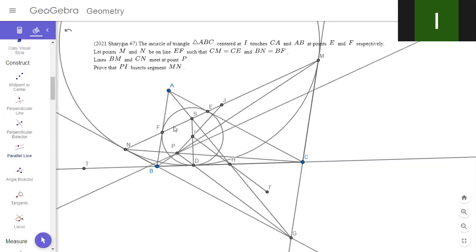Yeah, there's a lot going on in this diagram. Let's see. MNJ projected through I.